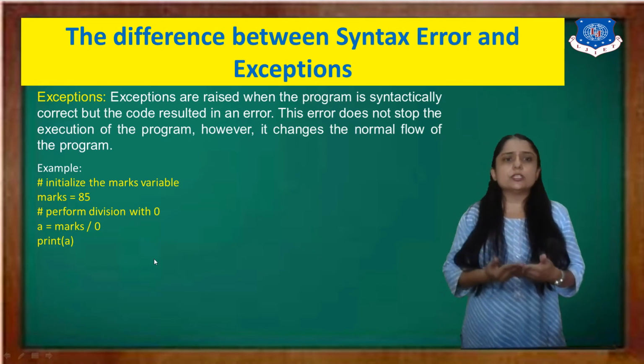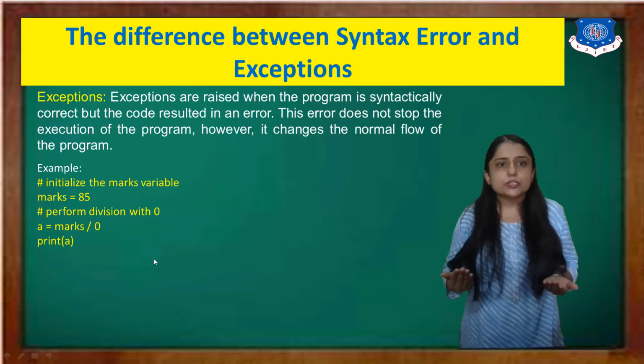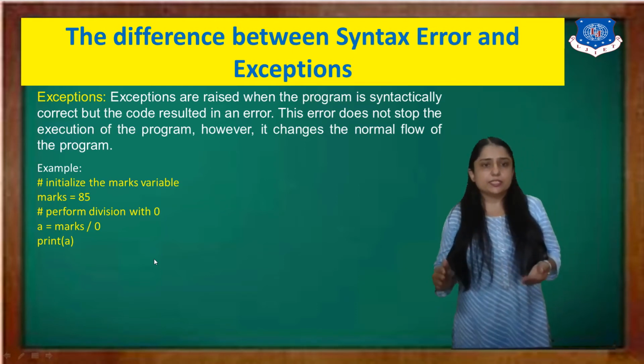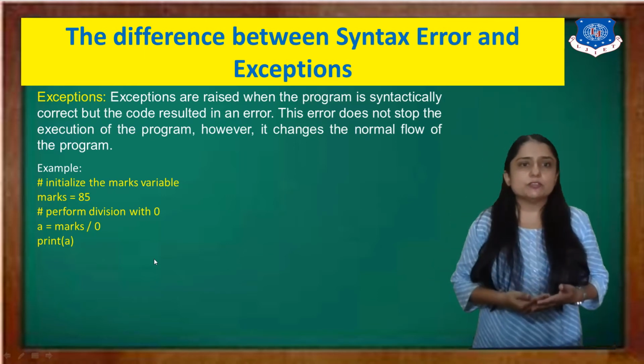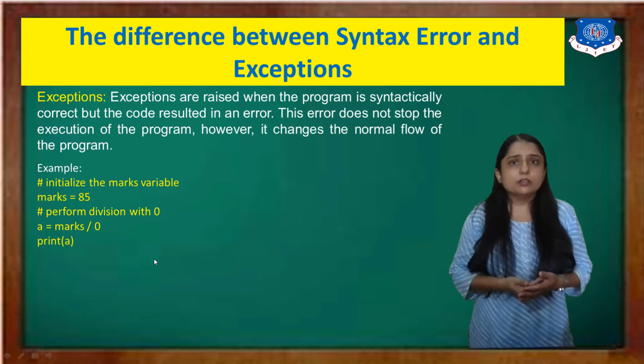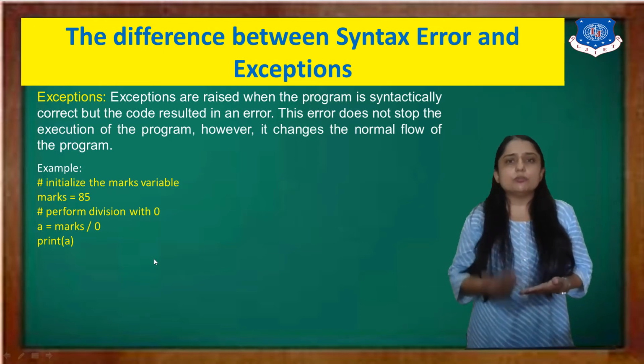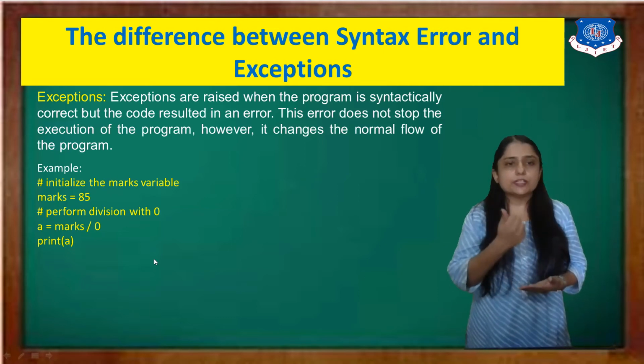Now I want to do some division. I write a equal to marks divided by 0. My syntax is perfect. In Python there is no need to declare the variable before using it. So writing a equal to marks divided by 0 is perfect syntax.